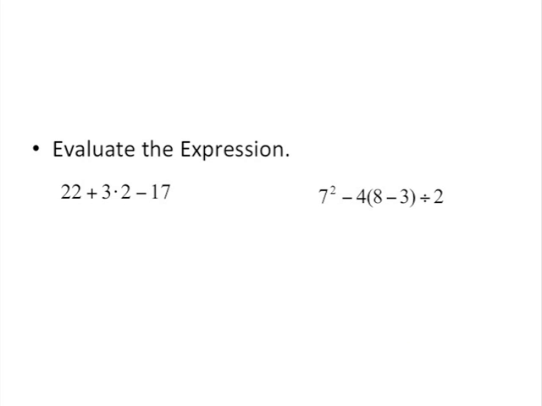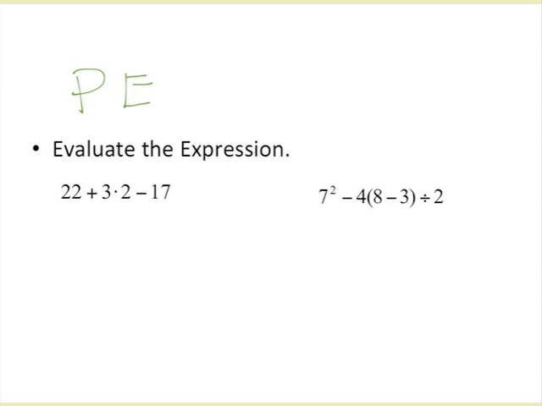Evaluating the expression has a hidden direction there of using the order of operations. We always use the order of operations, but that's the specific goal of these problems here, so do we know our order of operations?